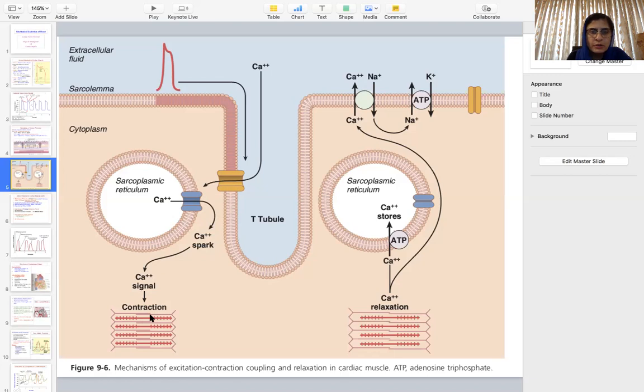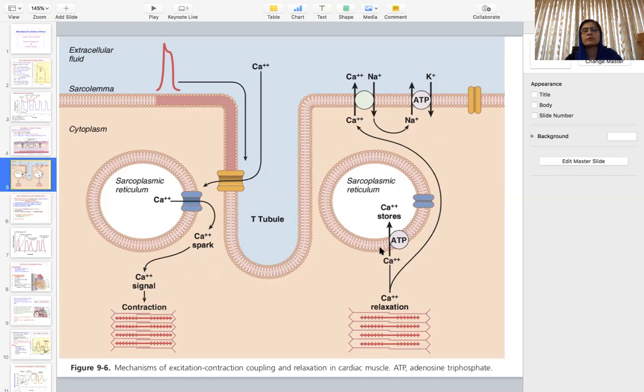Now, when the contraction is over, the calcium ion which was released from the sarcoplasmic reticulum has to be sent back to the calcium pump present on the surface of the sarcoplasmic reticulum.